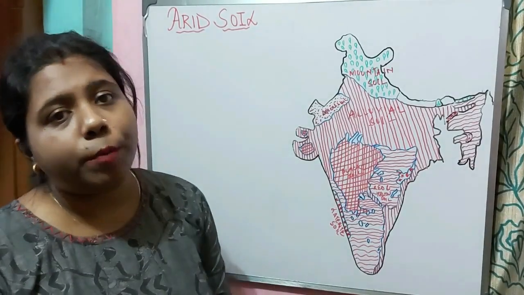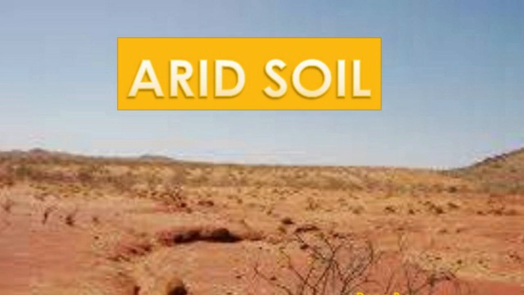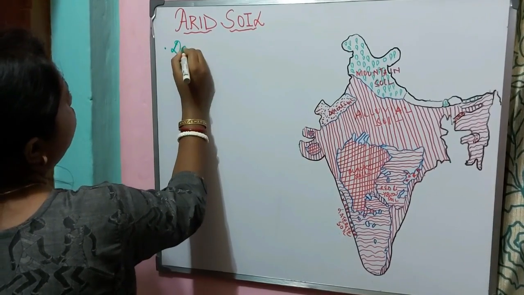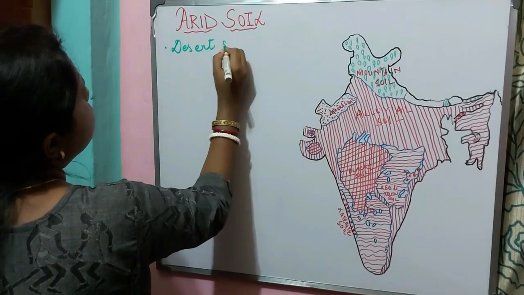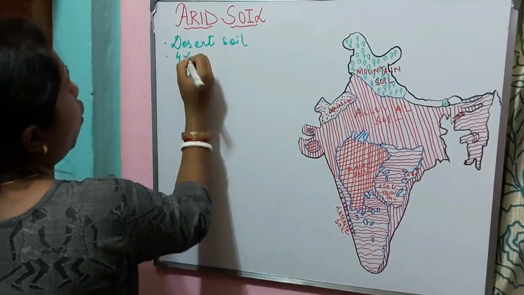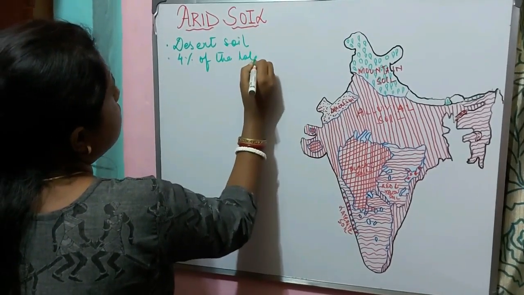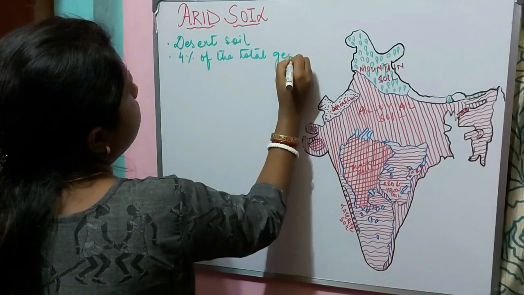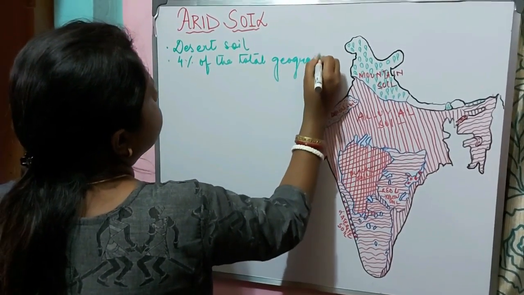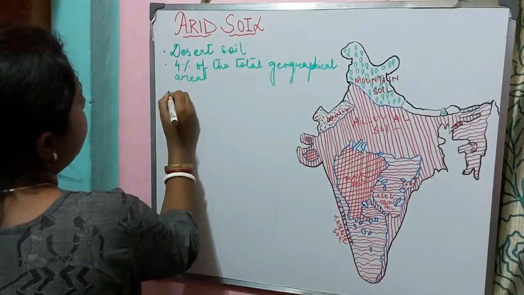Now let us know about the features of the next soil, that is arid soil. Arid soil is also known as desert soil. It accounts for only 4% of the total geographical area. Where can we find the arid soil?